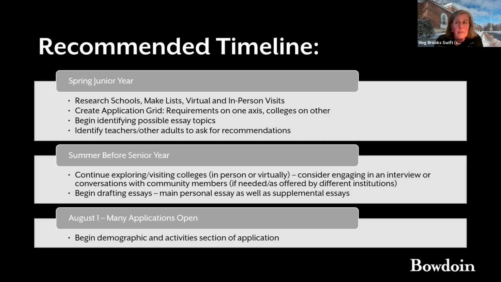And then over the summer before senior year, this is a time where students can continue to fine tune and adapt their list. This will be the time when they are digging into various components of the application, and we will talk through in a later session essay writing and what to include in your activities and what that section of the application looks like.